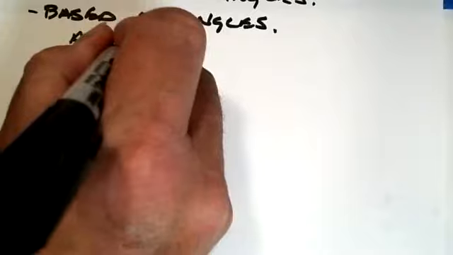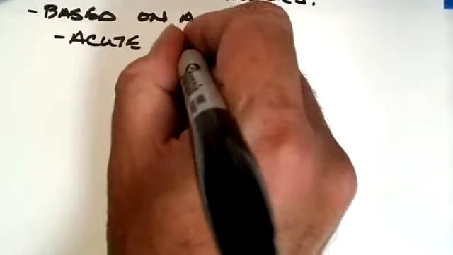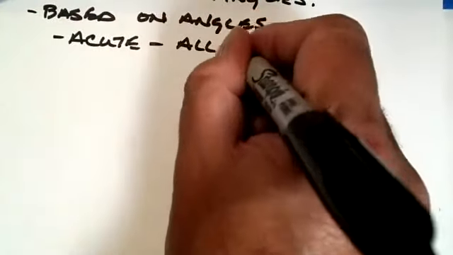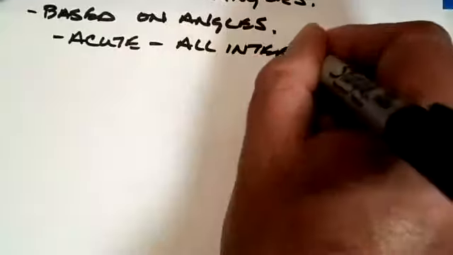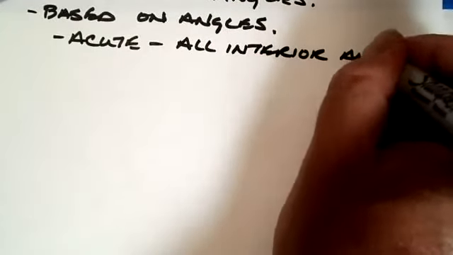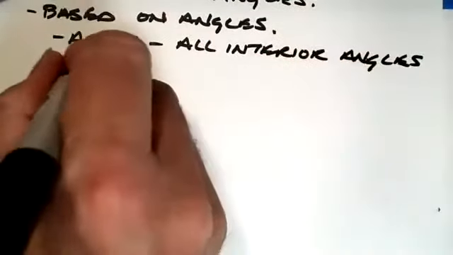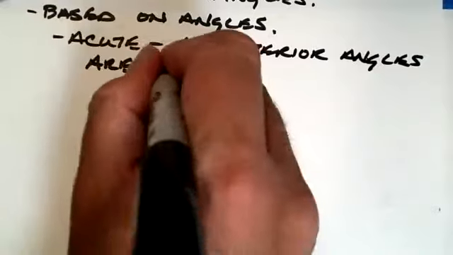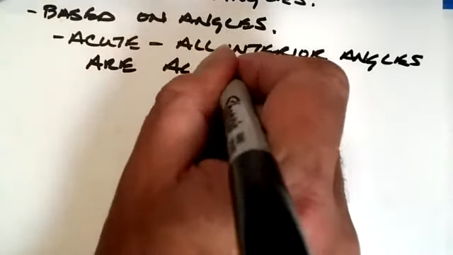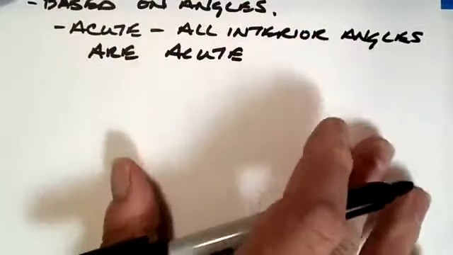And what is an acute triangle? Well, this is where all interior angles are acute. And you remember acute means that they're between 0 and 90 degrees, non-inclusive.